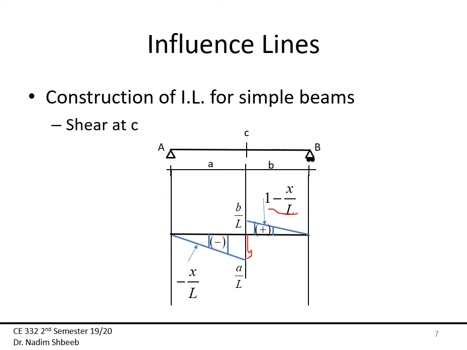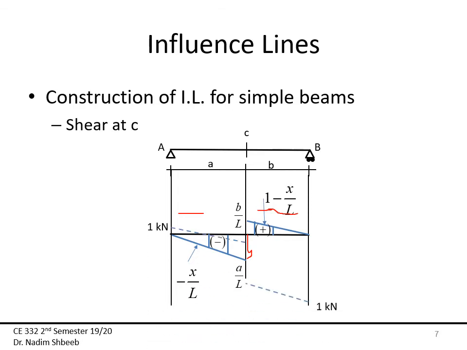As you can see, this is the value B over L, so this is where my negative shear is, which means if the load is moving here, I'm getting a negative shear. If the load starts moving here, it changes from negative to positive shear at C.